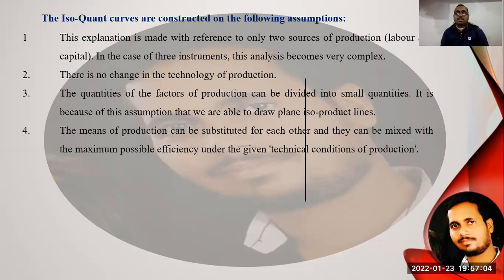Just see the first assumption: this explanation is made with reference to only two resources of production, labor and capital. As we said earlier, although there are five factors of production, as a point of the law and of the graphical presentation of the iso-quant curve, and a graph has only two axes, we consider only two factors, capital and labor.